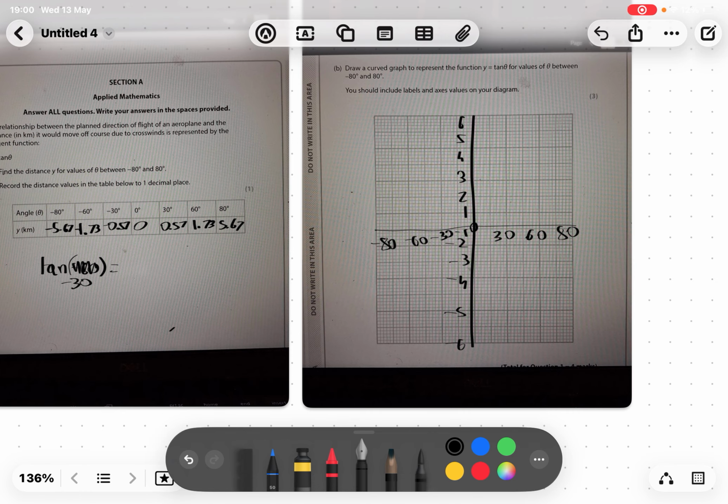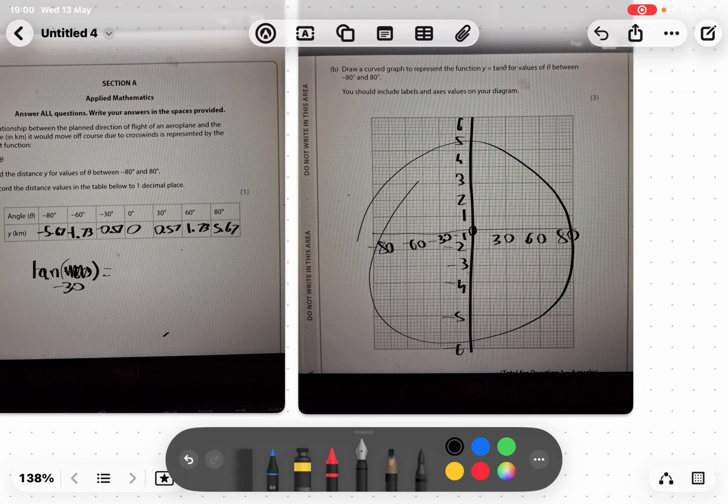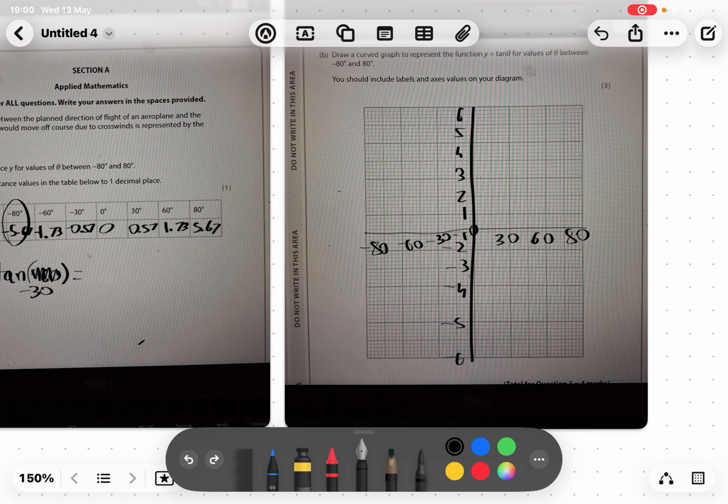Sadly, we won't be able to do it correctly because this is all a mess. However, the point is that you look at the first one, for example, 80, and you look for the minus here, so you know it's going to be somewhere here. So let's plot an x here. For 60, the value is 1.73, so it's right here.